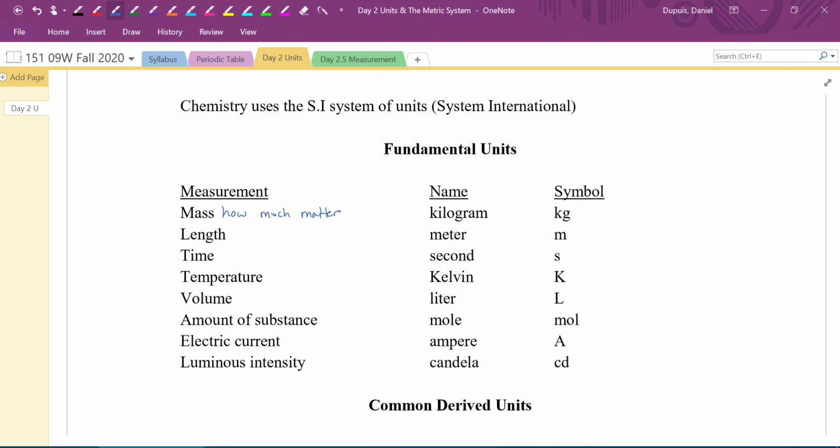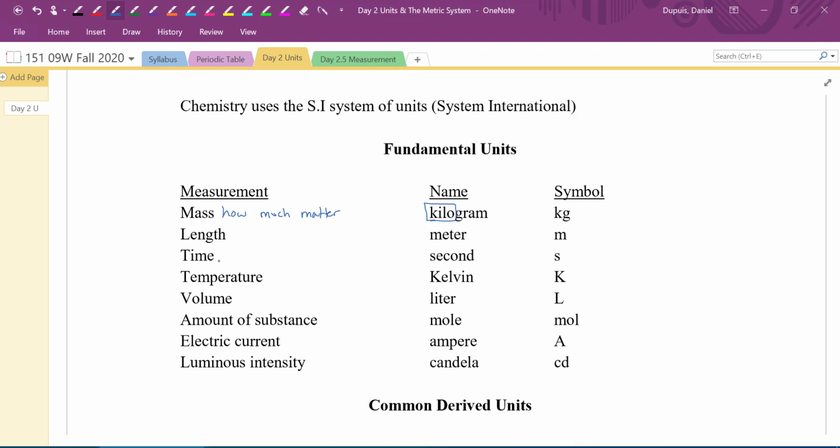And so we use the kilogram, which is the only one with the prefix, and we'll talk about the metric system prefixes soon. Right? So you got mass, you have kilogram, and that's the symbol kg. Length, right? That's a distance, space between 2 points. Meter, all right. Time, second, right? You guys know what a second is.